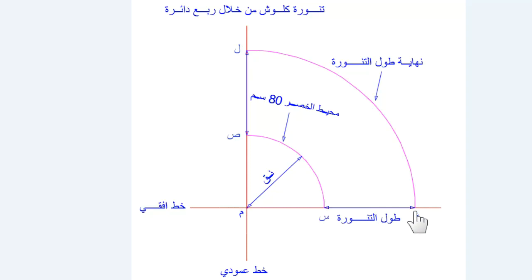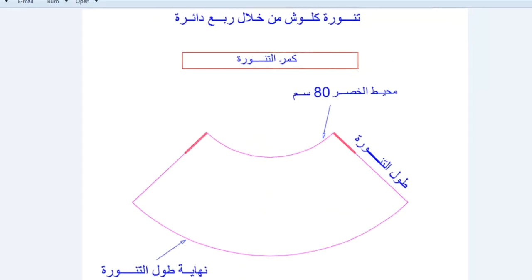We put a center point to the effect line I, and it spins till it arrives at L. And this is how we got the pattern look for the Klush skirt using a quarter. This is the waist valuing 80 centimeters, and this is the ending hem of the Klush. This is the pattern look.